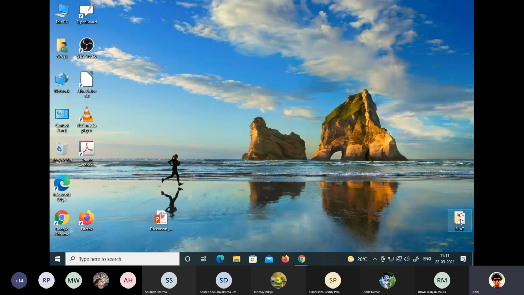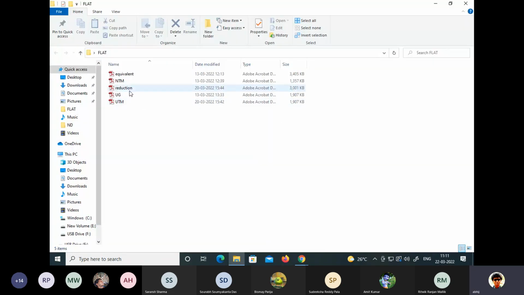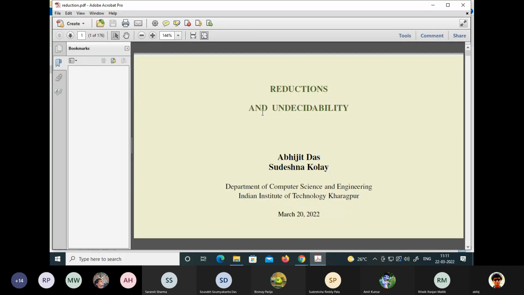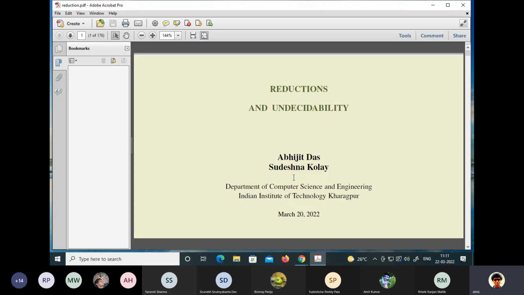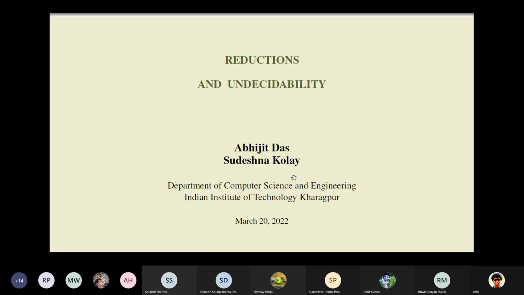And then what we are now going to do is follow another idea to prove undecidable problems, because diagonalization proofs are somewhat complicated, and not necessarily very easy to do for any undecidable language. So we use another technique called reduction. So let us have a small break, then I will start this.